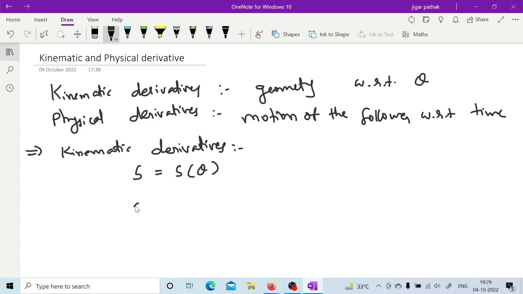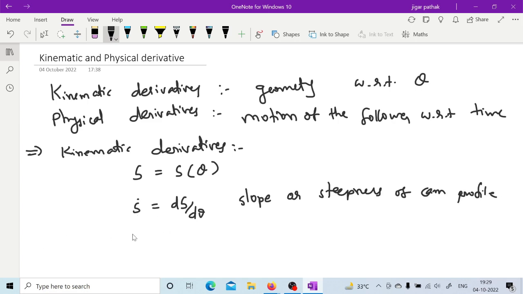What is the first derivative of this displacement? That will be ds by d theta. So basically this ds by d theta is going to provide the slope or the steepness of the cam profile.